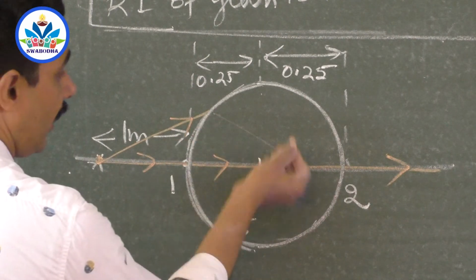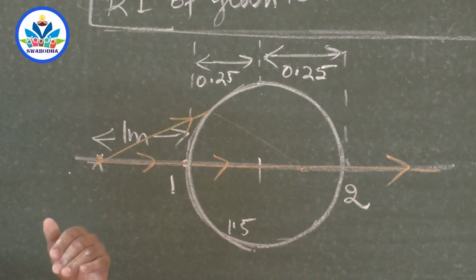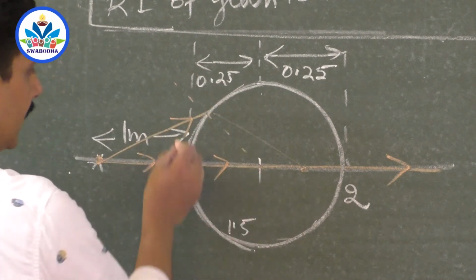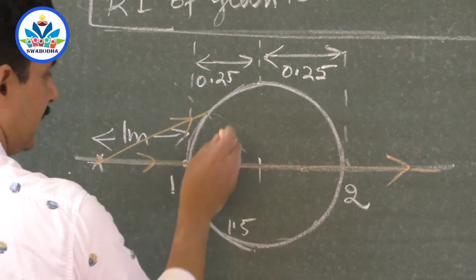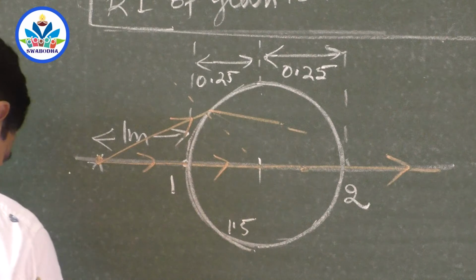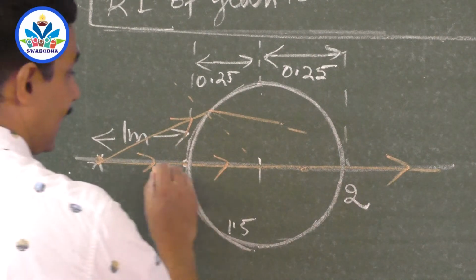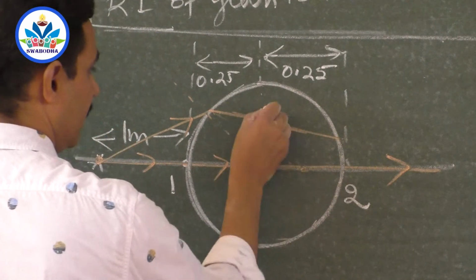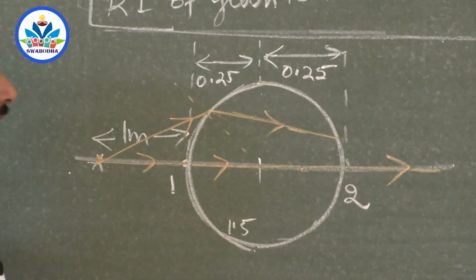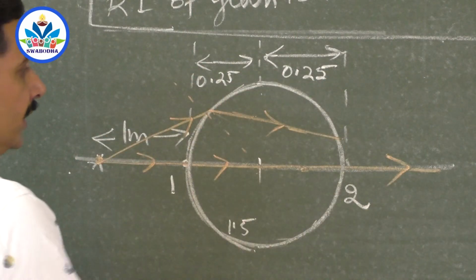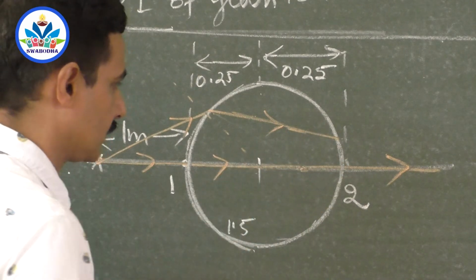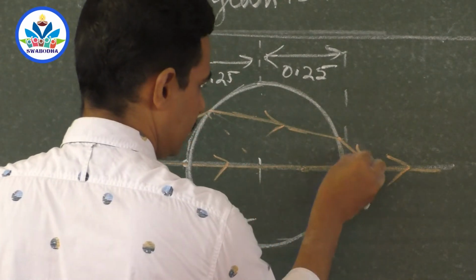If this ray is not bent too much, but it is bent towards the normal, but the bending is not enough to meet the principal axis inside the glass sphere itself, by the time it meets, suppose the second surface starts. That means the glass sphere has a second surface. Now this ray gets a chance of undergoing refraction at the second surface also. The second surface will bend it and form the image here.